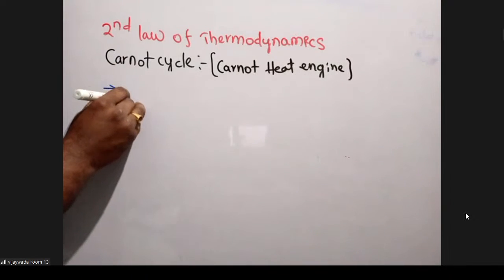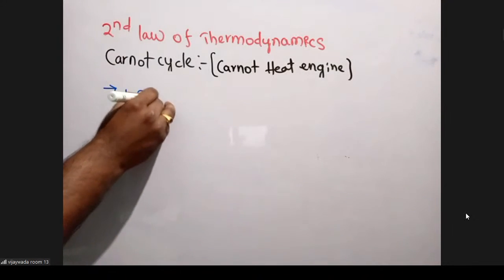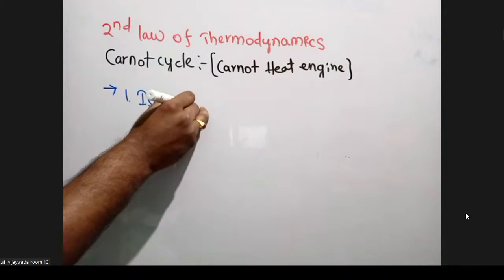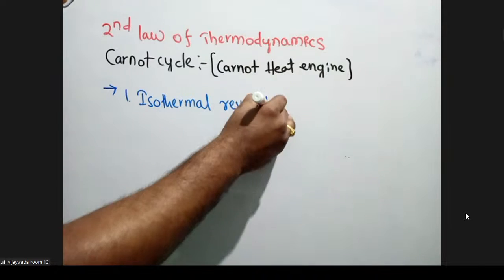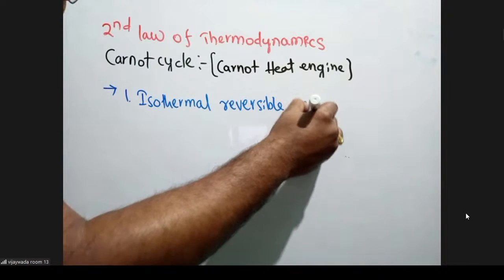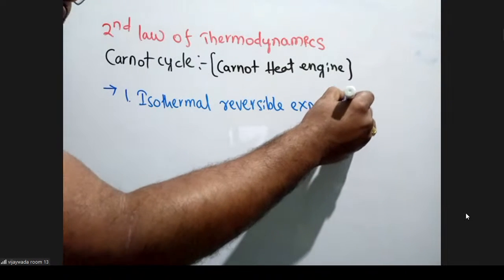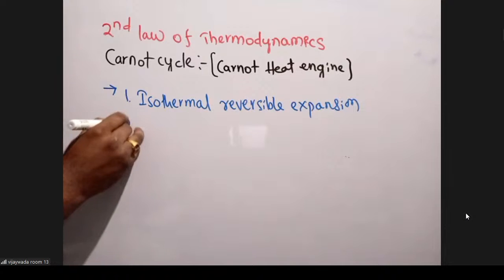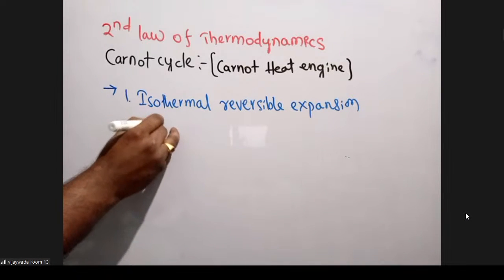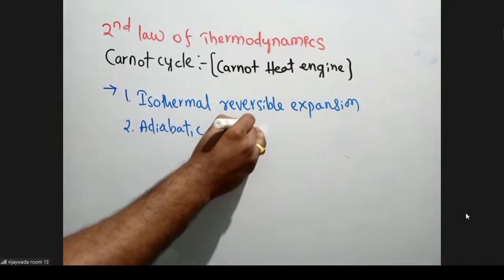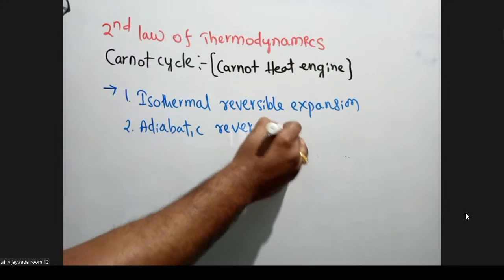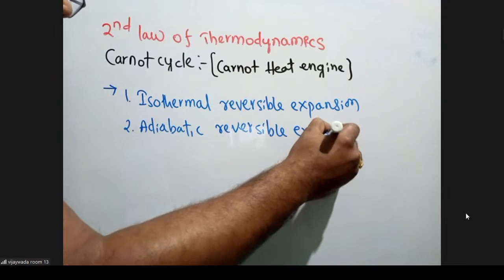First operation is isothermal reversible expansion. First process. Second process, adiabatic reversible expansion.